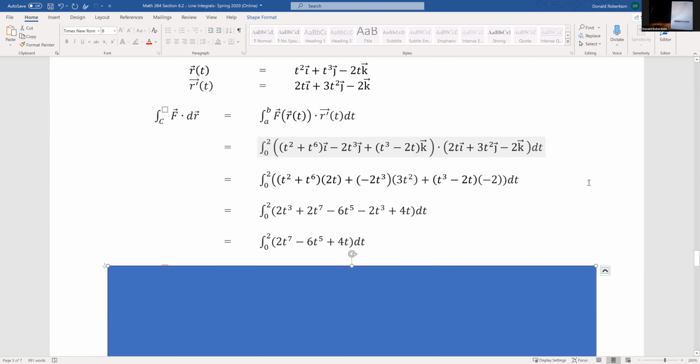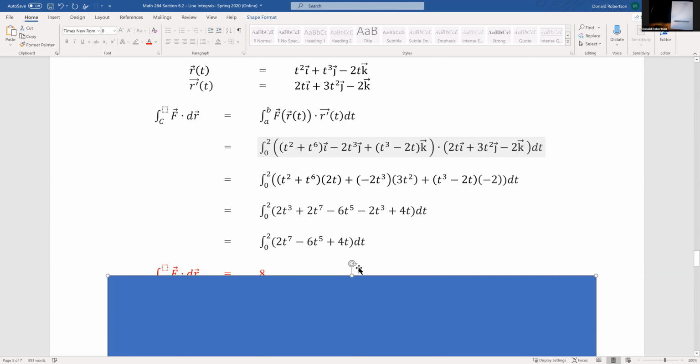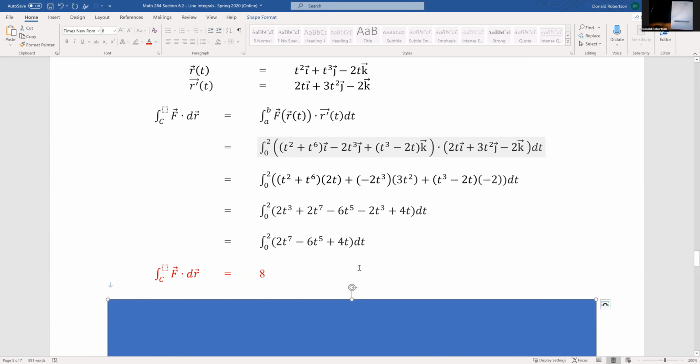So can you imagine, it's just going to be messy calculations. Remember how the dot product works: the x component times the x component, plus the y component times the other guy's y component, plus the z and z. Well, in this case, it ends up being that. If you do power rules on this, it ends up being 8.